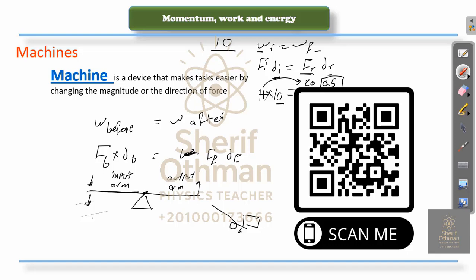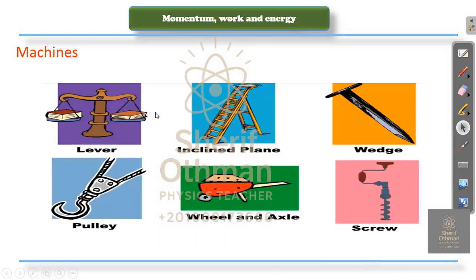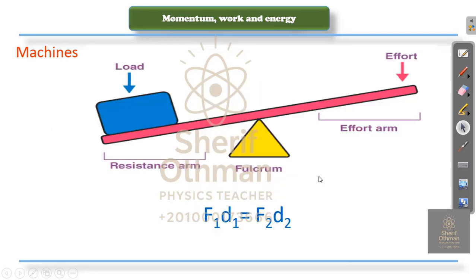All of these are types of machines: lever, inclined plane, wedge, pulley, wheel and axle, screw. As we said, guys, here is the load and here is the effort. Here is the effort arm, the input arm, and here is the resistance arm, the arm of the resultant force.